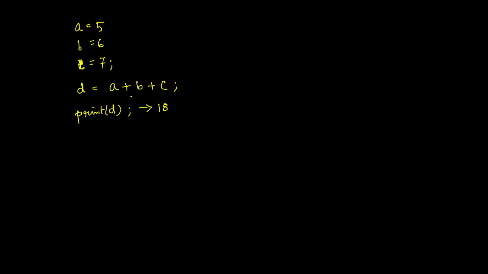Some people may say I have added A and B first, then added the result with C, and some will say I have added B and C first, then added with A. Some people will say I have added A and C, then I added B. So many answers are possible from a mathematics point of view on your copy. But the interesting point is that nobody will say that I have added A, B, C as a whole.